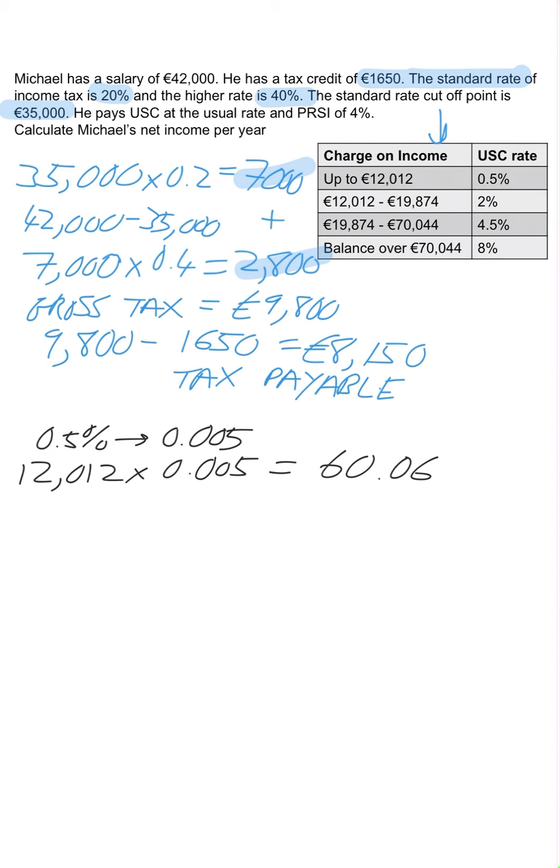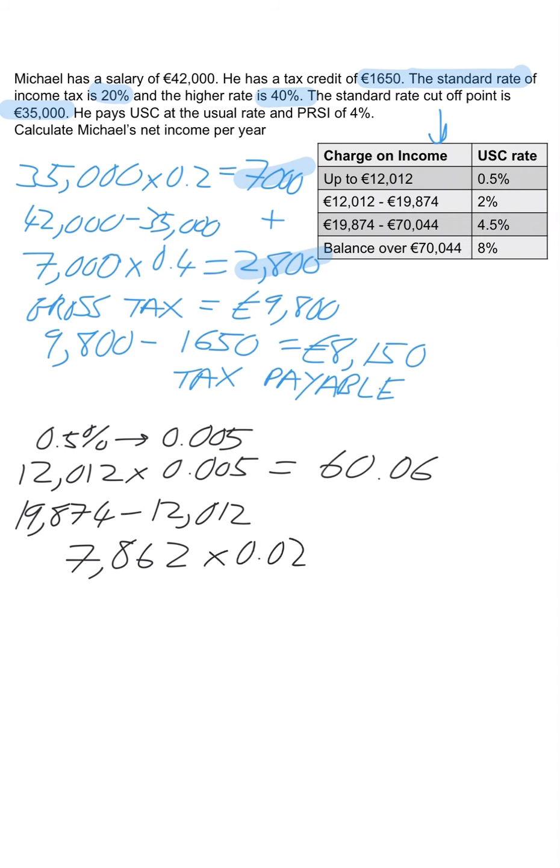Then for the next band, we need to work out the difference of 19,874 and 12,012. So 19,874 minus 12,012, and that is 7,862 euro. And the USC rate for that band is 2%. So 2% as a decimal will be 0.02. So multiplying those, that gets us 157 euro and 24 cents.